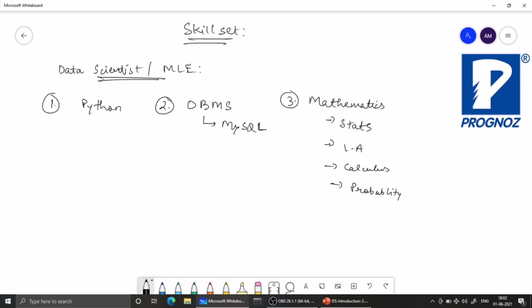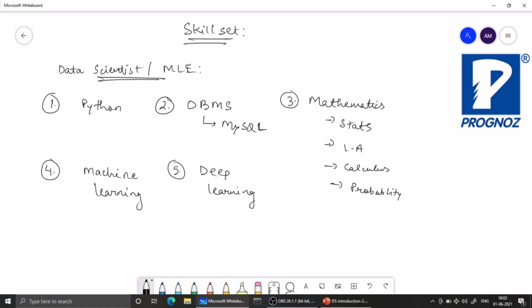Apart from that, you should be good at machine learning, and you should also be good at something known as deep learning. These are the skill sets required from a data scientist as of now.